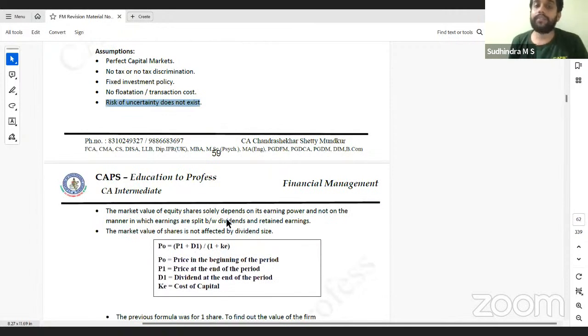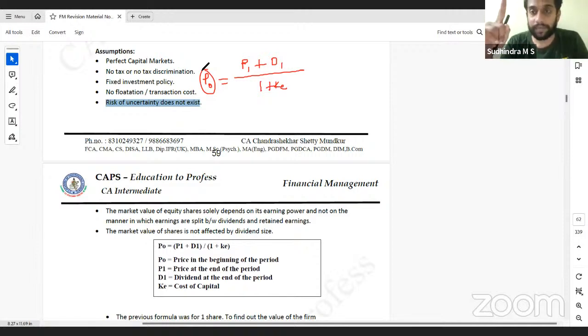In this case, we will calculate market price. P0 is equal to P1 plus D1 divided by 1 plus KE. Again, we are calculating what? Present value. Simple. P0 is equal to P1 plus D1 divided by 1 plus KE. However, this is for per share.